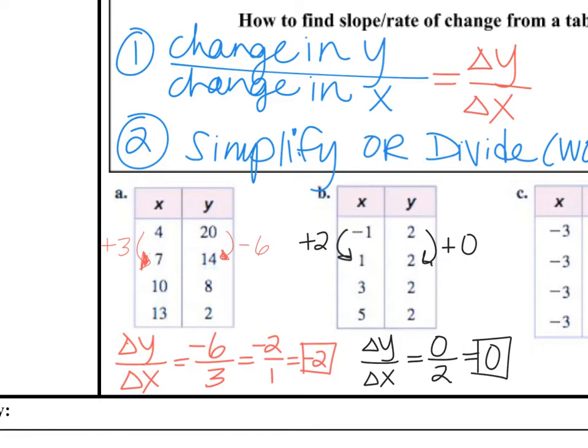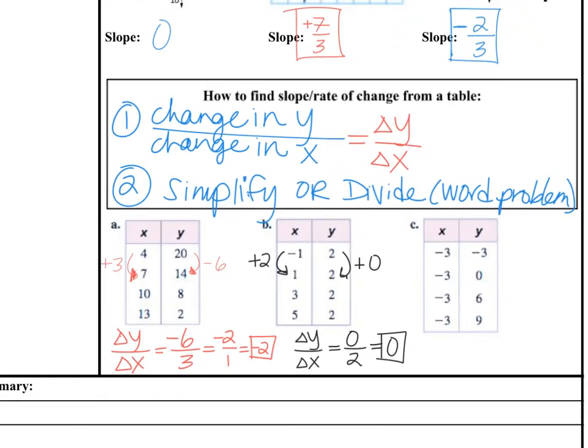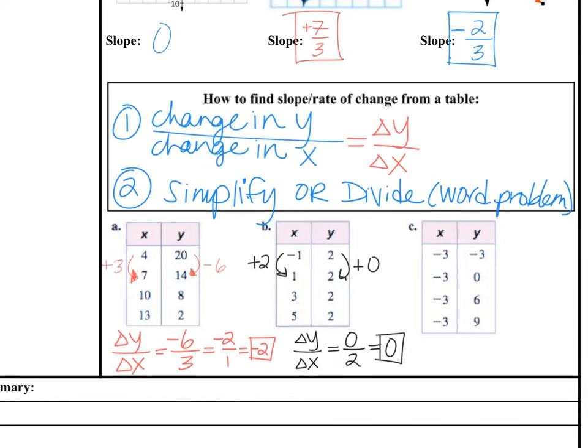The last one is similar but different. From -3 to 3, put plus 0. And then from -3 to 0, what's it do? Plus 3. Change in y over change in x is 3 over 0.